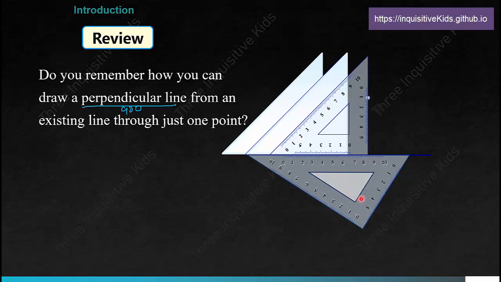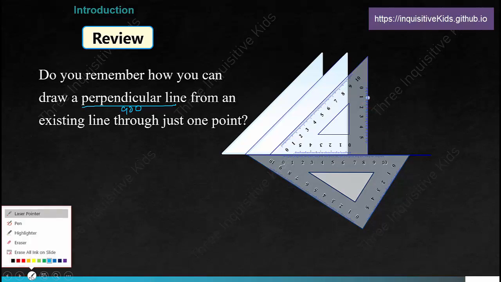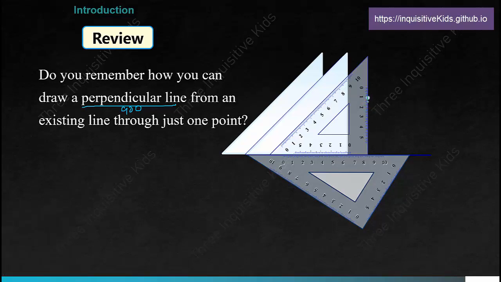With the right angle touching this line, we would shift it over so that this side goes through this vertex and at the same time touches this line, so that this new line formed over here is 90 degrees. I hope you remember that.